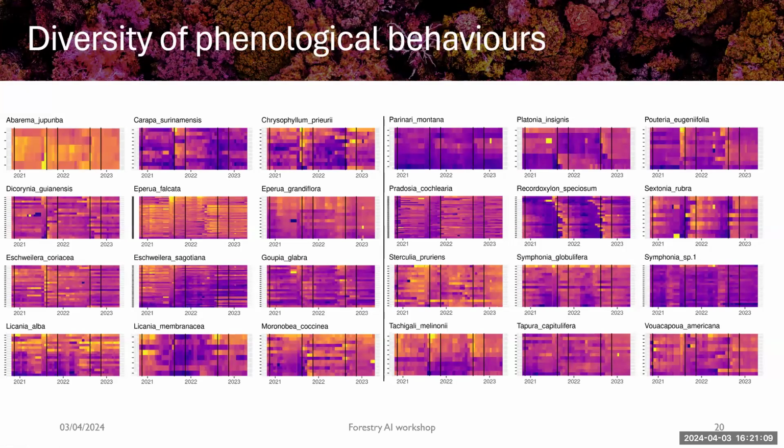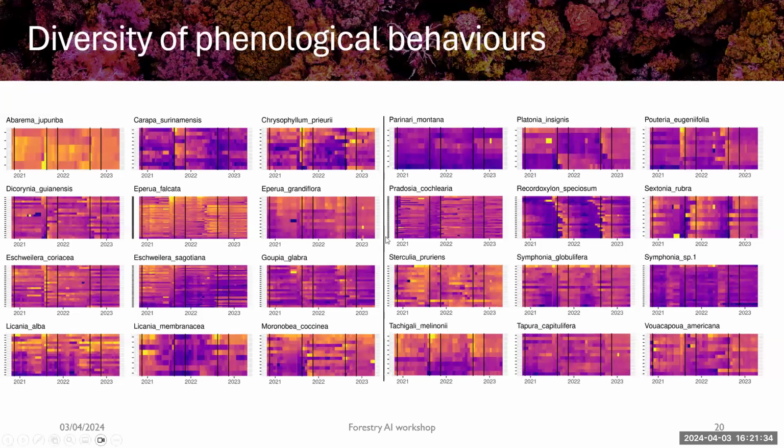Then we can calculate for each crown, at each time step, a greenness intensity. So how fresh are those leaves? What we see is that the bright yellow colors are where the freshest, newest leaves are, and the darkest colors are where the leaves have senesced and even been shed.